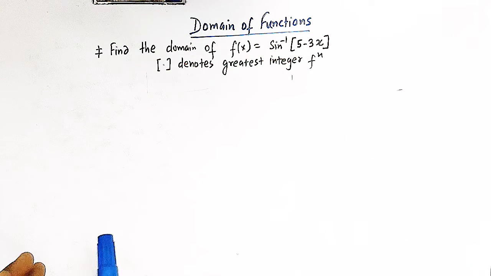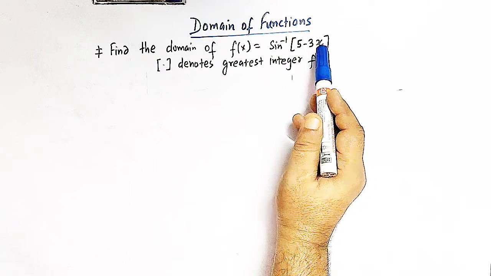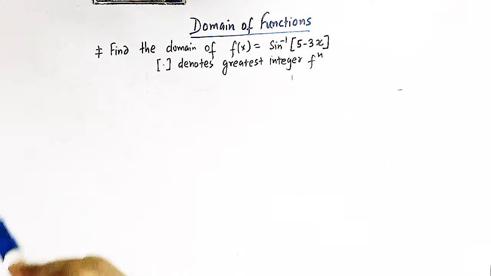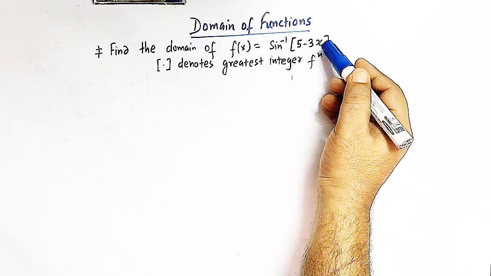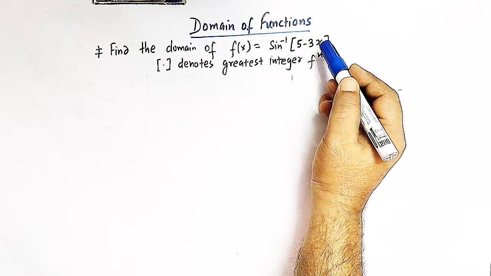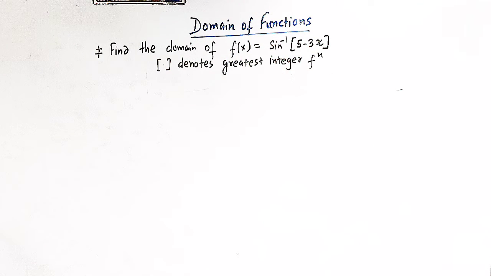So we have the combination of an inverse trigonometric function and the greatest integer function, and we have to find all the valid values of x for which this function is defined, because the domain of a function implies that we have to search for all those valid values of x for which f of x is defined, right? So let us see how easily we can find out the domain of this function.